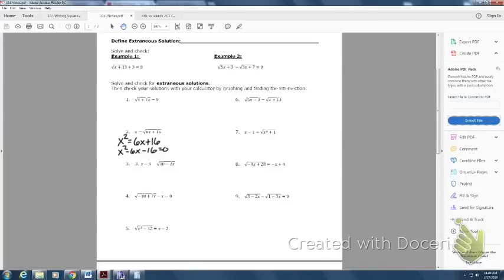Because there's a squared. That means if I'm having to solve this, I've got to set it equal to 0 and factor it. What factors of negative 16 add up to negative 6? Negative 8 and 2. So what two solutions is this going to give me? 8 and negative 2.